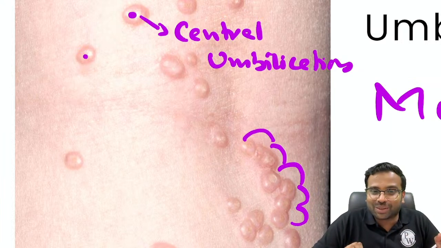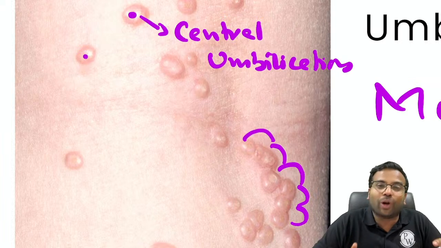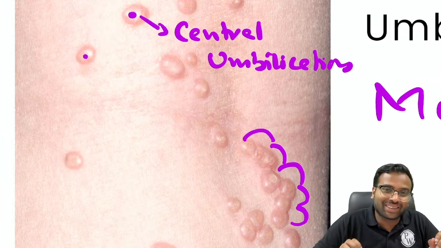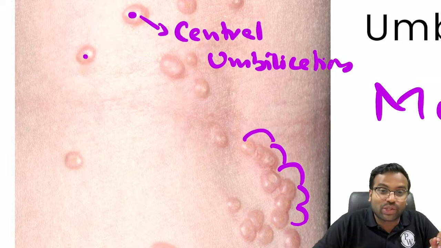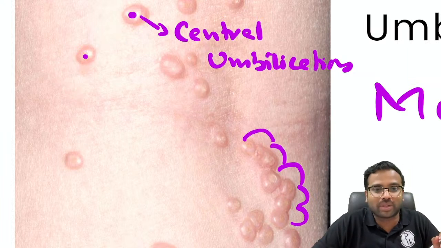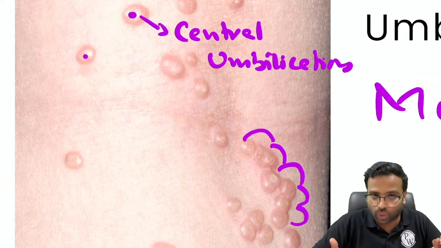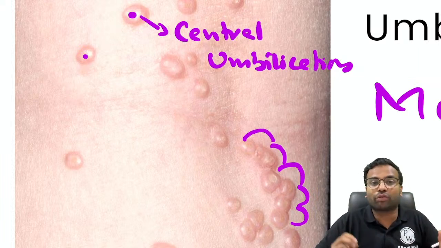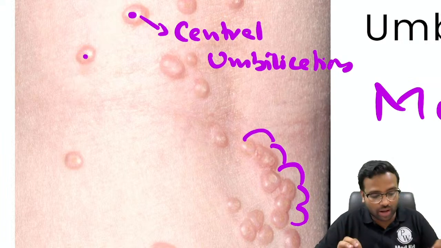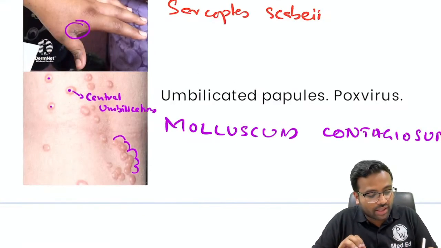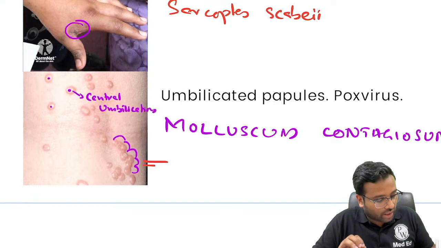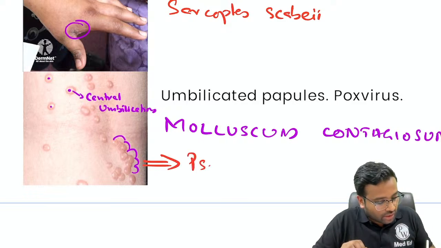Very close. Whoever answered Koebner, you're almost there. But it should have been pseudo-Koebner. Okay, please don't make a mistake. Koebner is what we can see in LVP: lichen planus, vitiligo, and psoriasis. That is the appearance of new lesions at the site of trauma. What we are discussing right now can be called pseudo-Koebner.